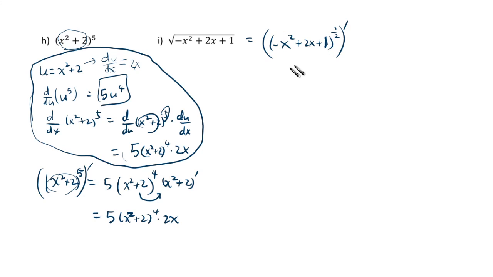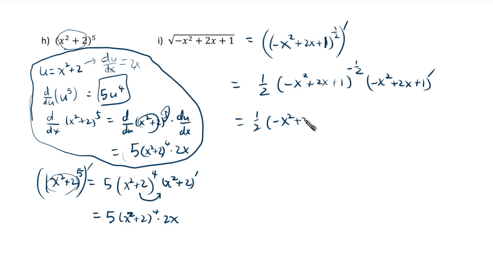So you treat the inside function as x to the 1/2 power, which differentiates to 1/2, and subtract 1 off of 1/2, that's negative 1/2, times you make a copy of the inside function and differentiate it. So that's going to be x squared differentiates to 2x, 2x differentiates to 2, 1 differentiates to 0. That's it.